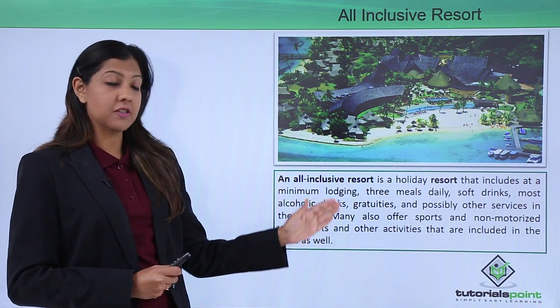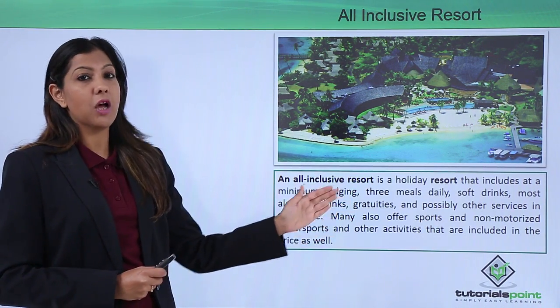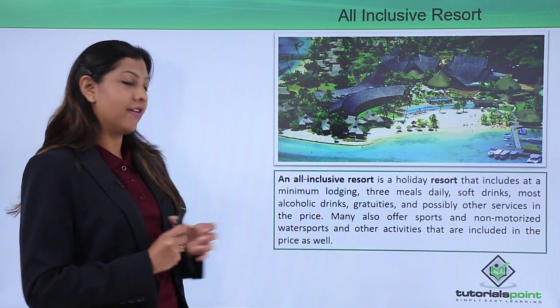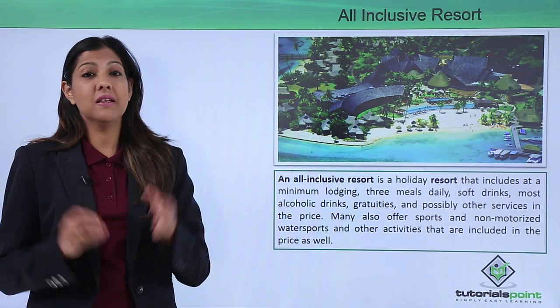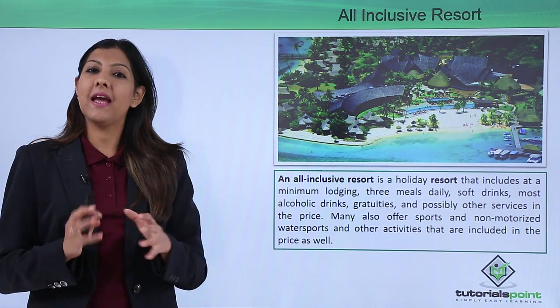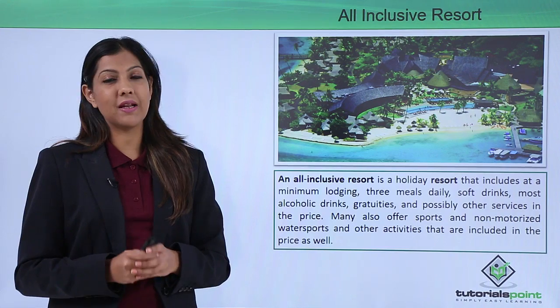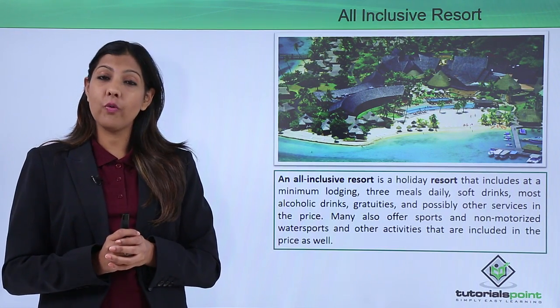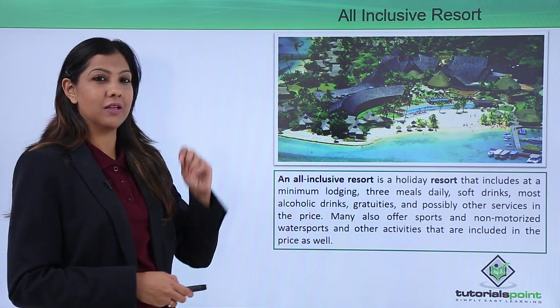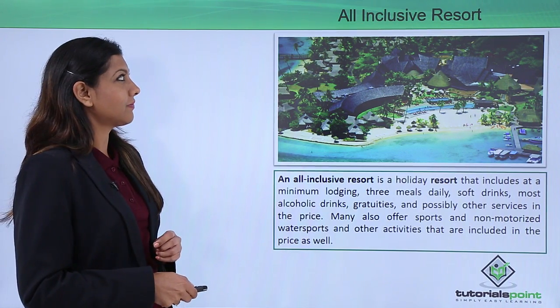Many also offer some sports facilities as well as some non-motorized water sports and other activities that are included in the price as well. Since a resort is mostly situated a little away from the city, they always provide the meals as well as the other drink facilities, so the guests do not have to go out to get the same. That's an all-inclusive resort.